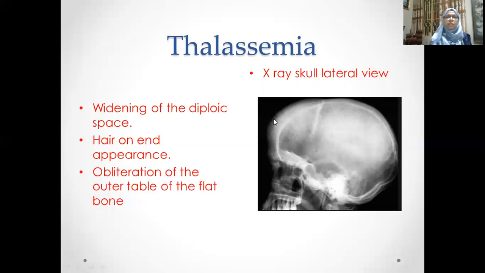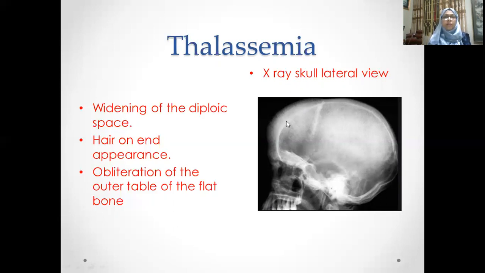The outer table is not visualized here. This is the inner table. So these three findings are very important findings in an X-ray skull lateral view of a thalassemic child.